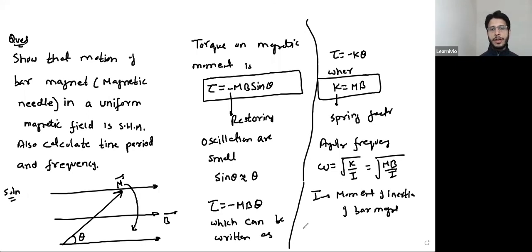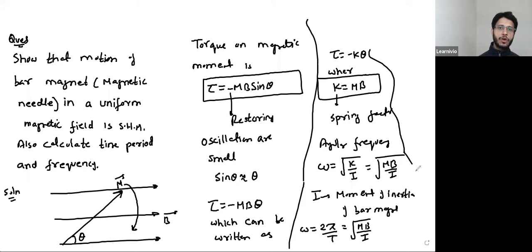If you want, you can write omega as 2 pi by T. So it's root over mb over I. So from here, you can write your time period as 2 pi root over I by mb.